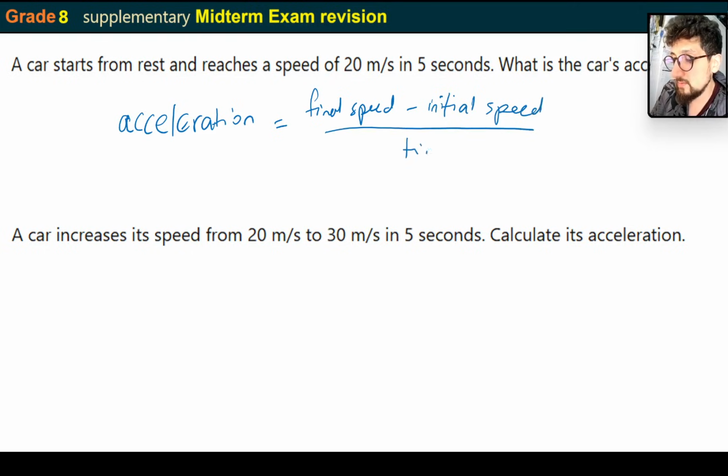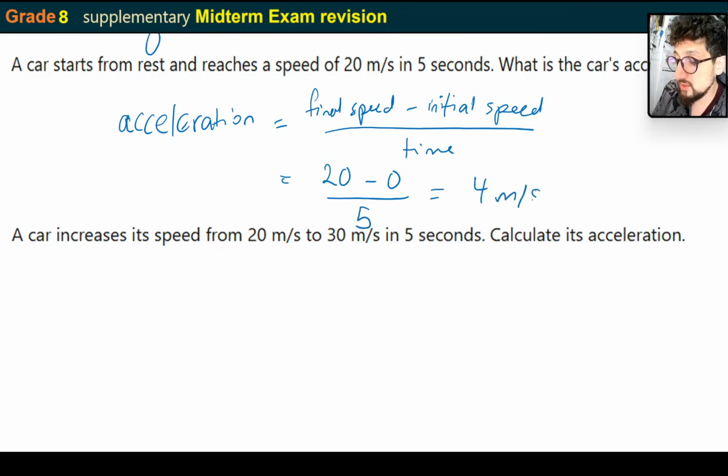Since we start from rest, that means 0. So it's going to be 20 minus 0 all over 5 seconds, which is 4 meters per second squared. Don't forget that the unit for acceleration is meters per second squared.